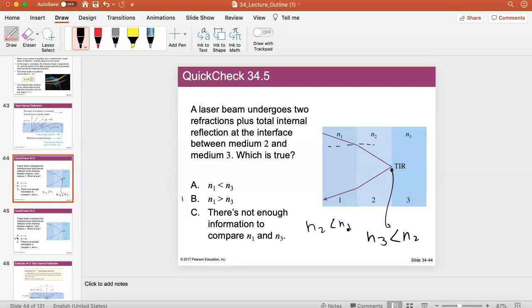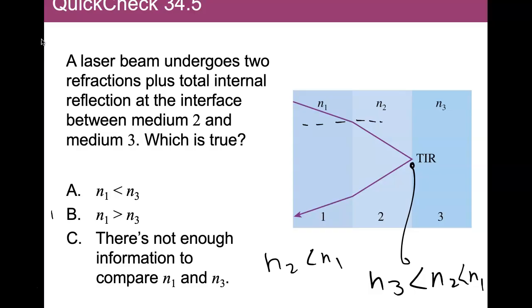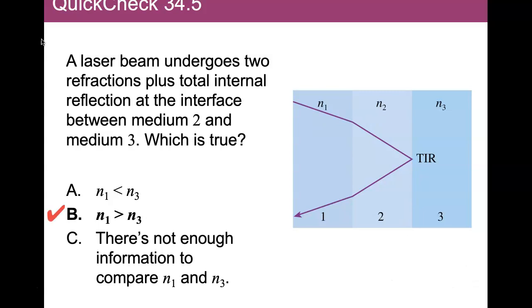So Snell's law implies that n2 must be smaller. So it seems now we know n3 is smaller than n2 and n2 is smaller than n1. So combining these means that n3 must be smaller than n1. And B is the correct answer.